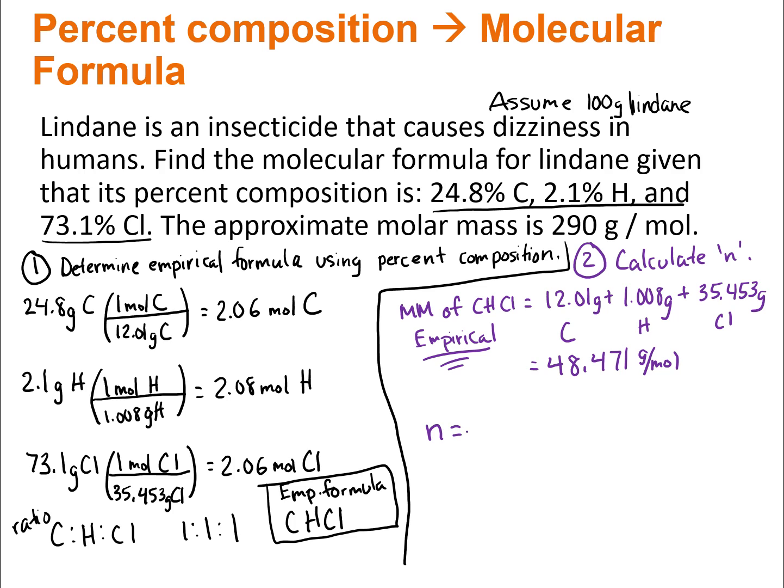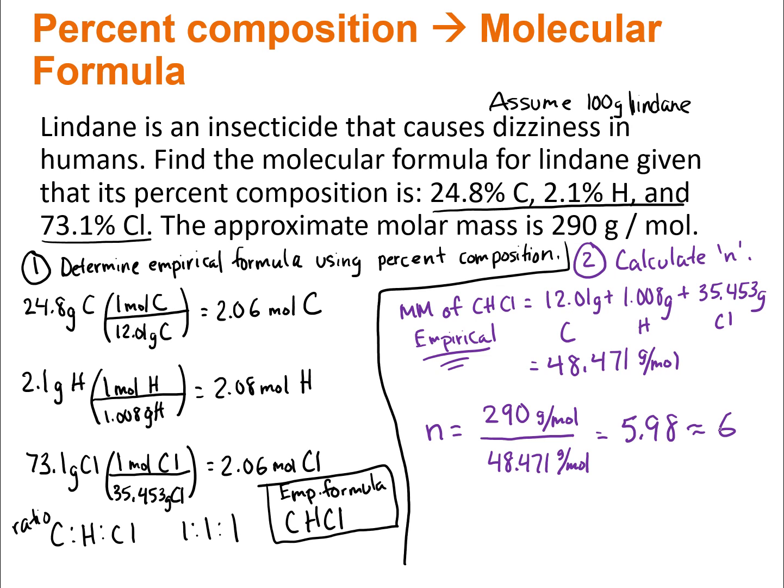To calculate N, we take the molar mass of the actual compound and we divide by the molar mass of the empirical formula. When you get that, it's 5.98.